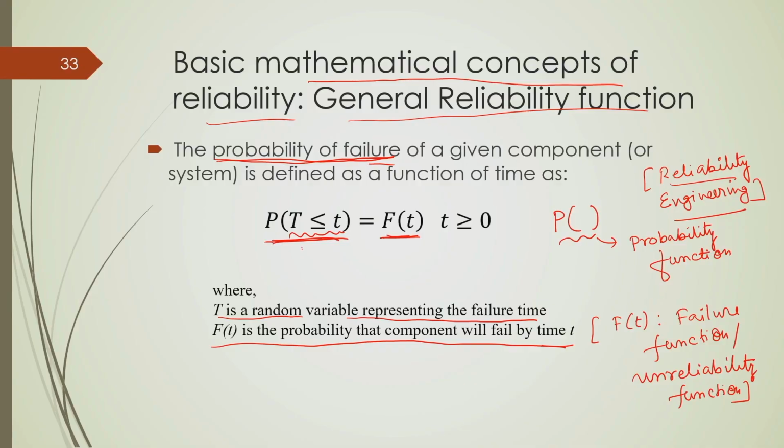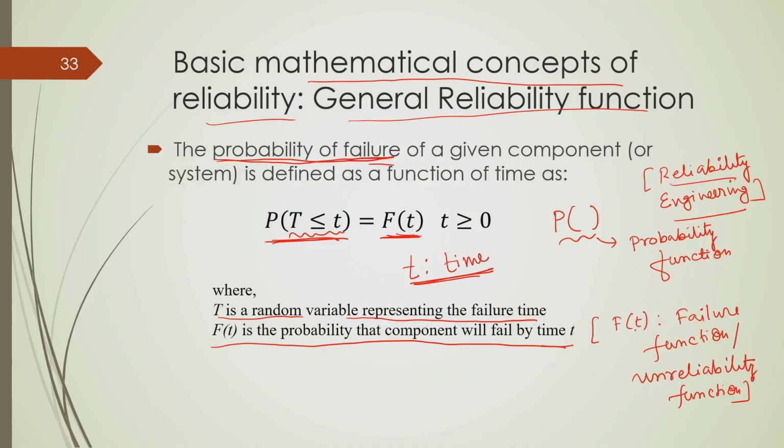So, the probability of capital T being less than or equal to small t, where t stands for time and is continuous. The probability of this failure time at this instant of time t is represented by this failure function, capital F(t), where t is greater than or equal to 0.